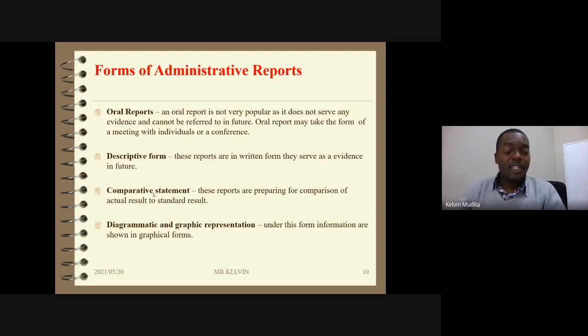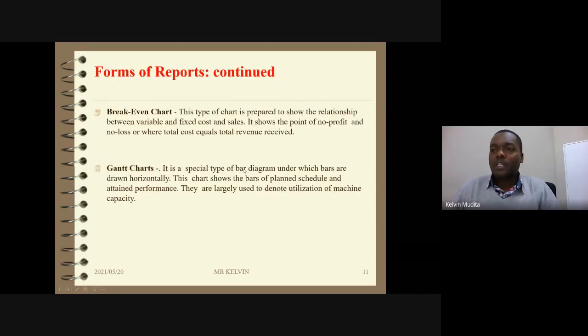Usually NGOs, non-governmental organizations that are into giving aid, use mainly pictures to say, we went to this place where there is war, we gave out food and clothing, these are the pictures. That is a report. So it's also another form of a report to use pictures. So these are some of the forms that reports can take.